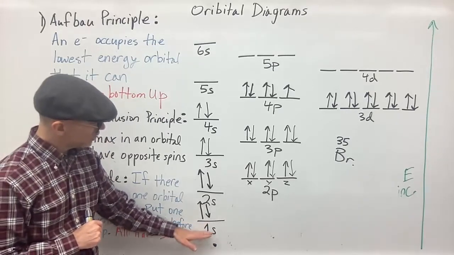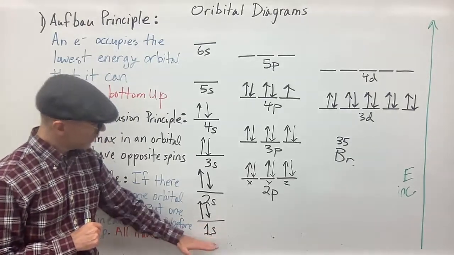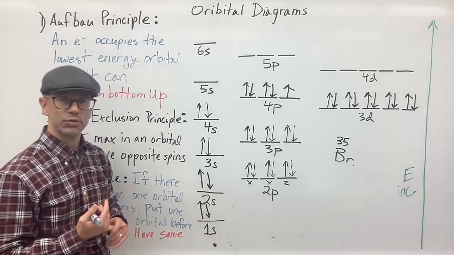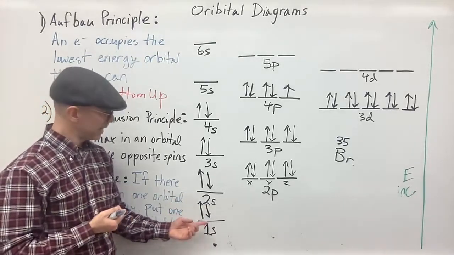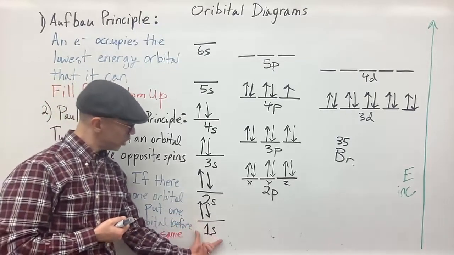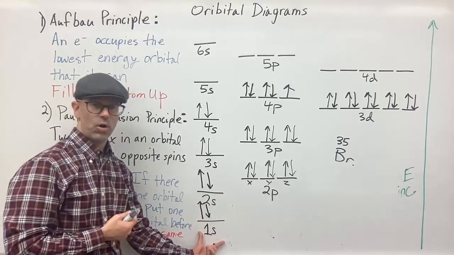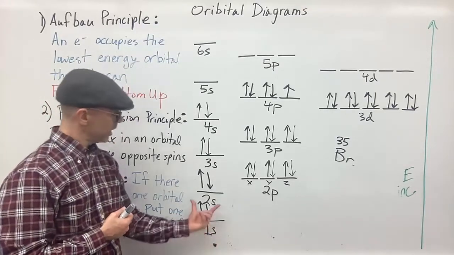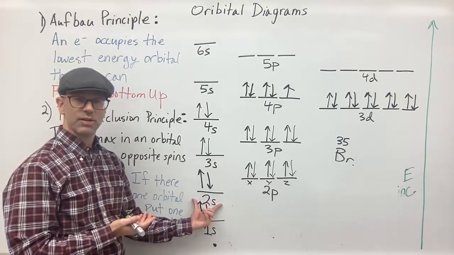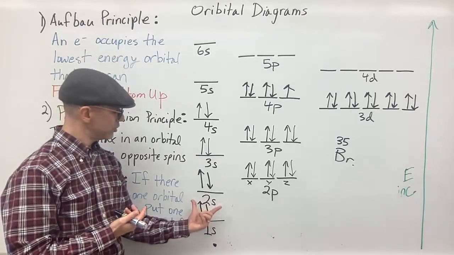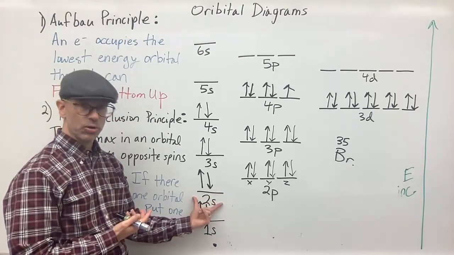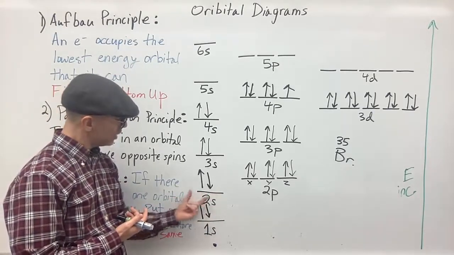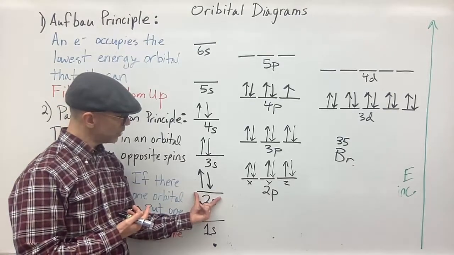Each s sublevel can hold a maximum of 2 electrons because there's only one orbital in that sublevel, right? The energy level number 2 has two sublevels. This sublevel only has one orbital, like one line, so that only has two electrons.